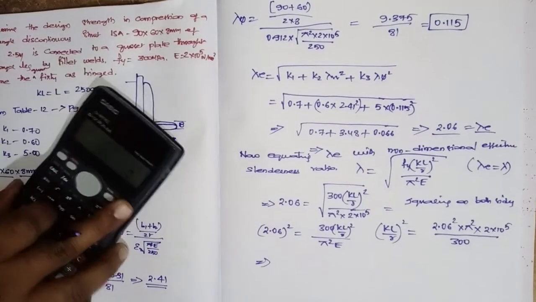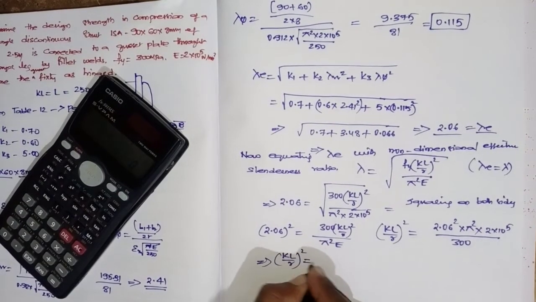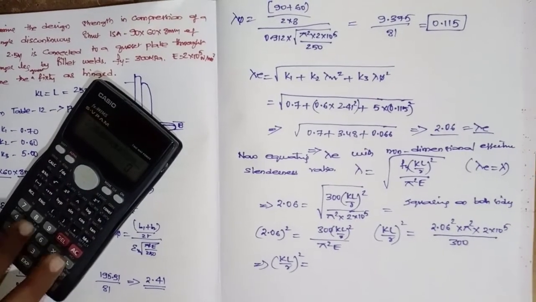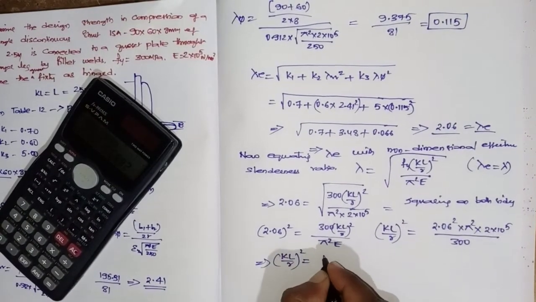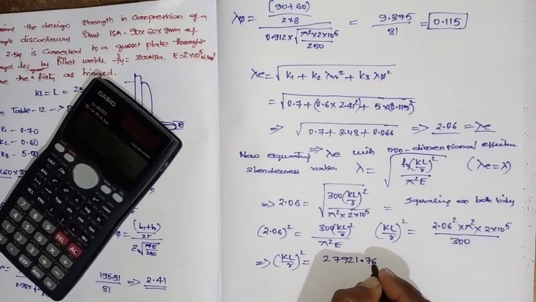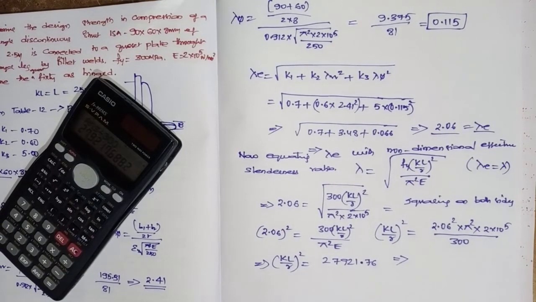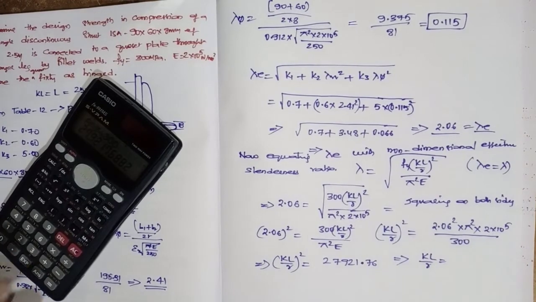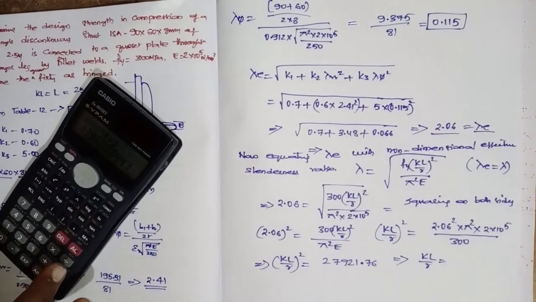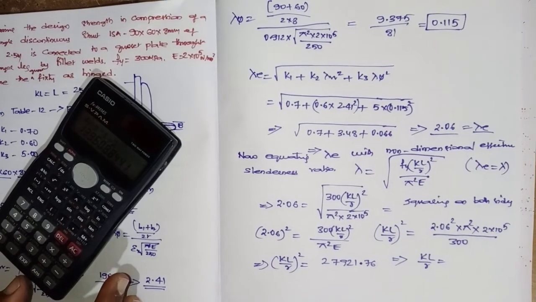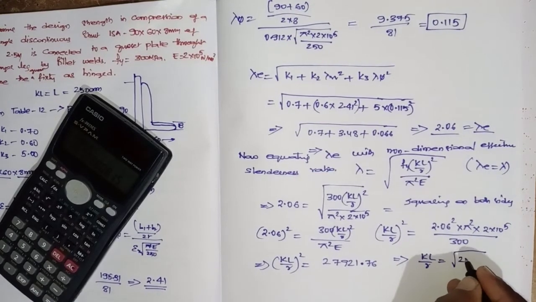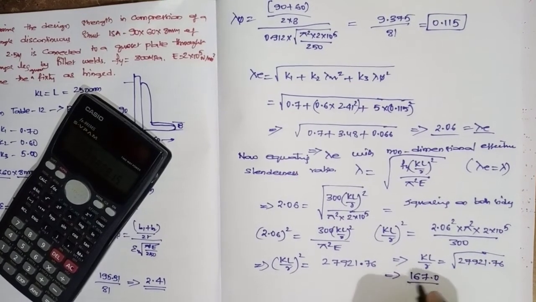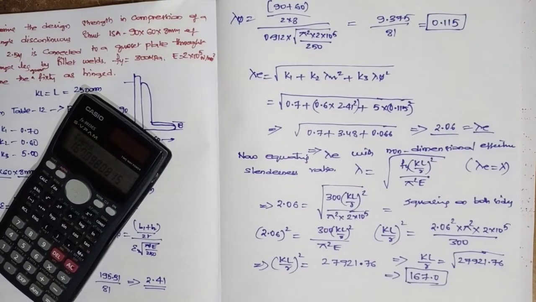You got 27921.76. Now KL by r equals root of 27921.76, which is 167.0. This is KL by r.